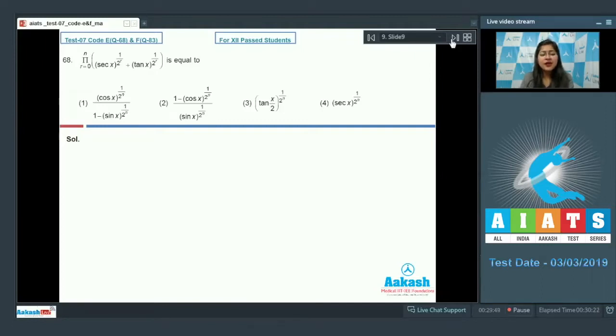It says that the multiplication when r is going from 0 to n, secant x whole raised to the power 1 upon 2 raised to the power r plus tan x whole raised to the power 1 upon 2 raised to the power r is equal to. Now, let us say this is equal to I. So, putting r equal to 0, we will get secant x plus tan x.